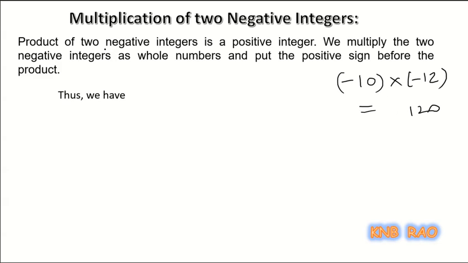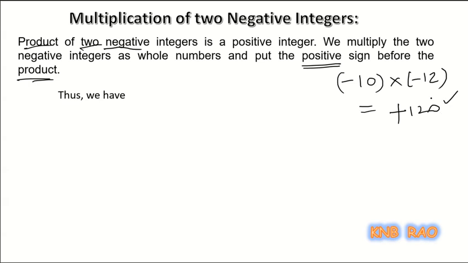Here I explained to you, when two negative integers are multiplied, the result would be positive. So, the product of two negative integers gives you a positive integer.